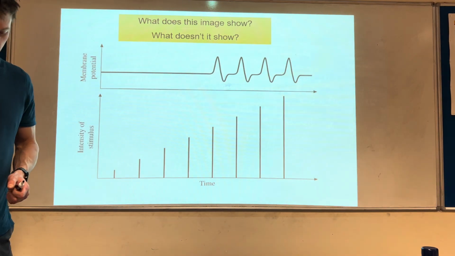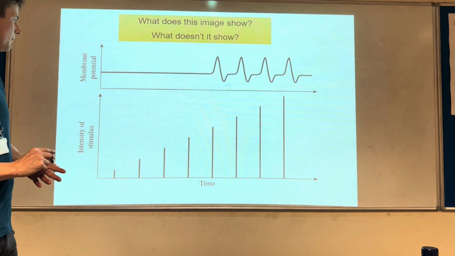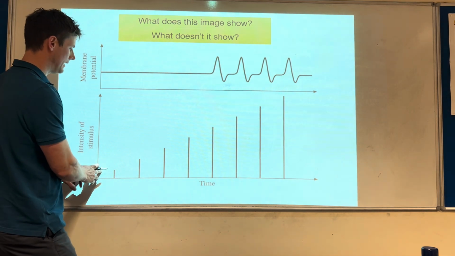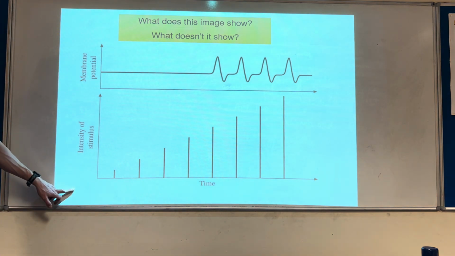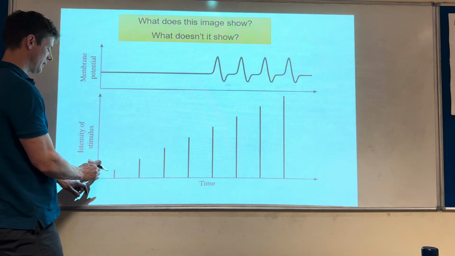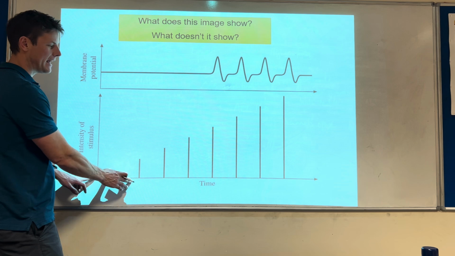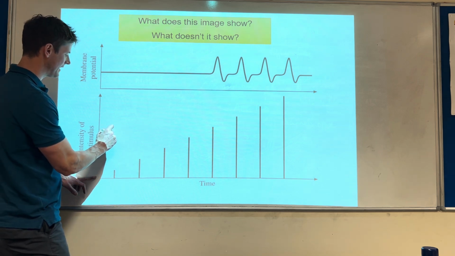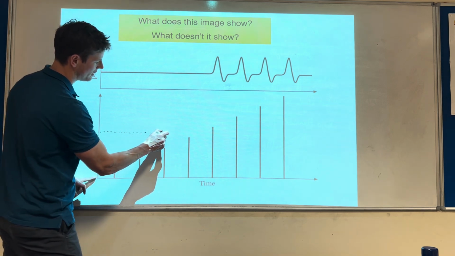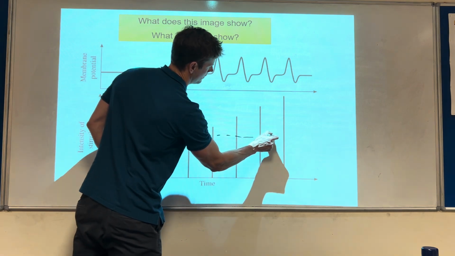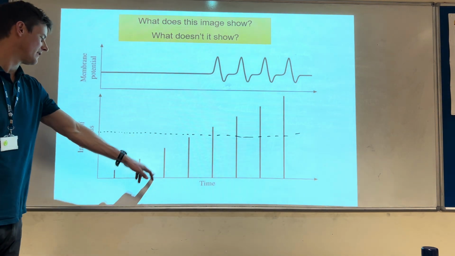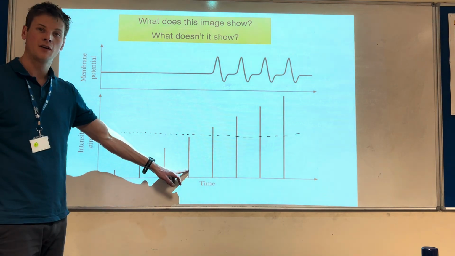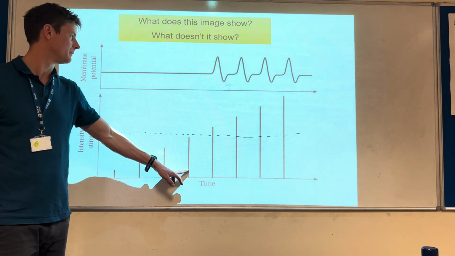Okay, what does this graph show? Same thing again. The intensity of the stimulus at the bottom. If this was, like we said earlier on, at point A, well, we can see here the threshold must be just above that, the fourth stimulus.